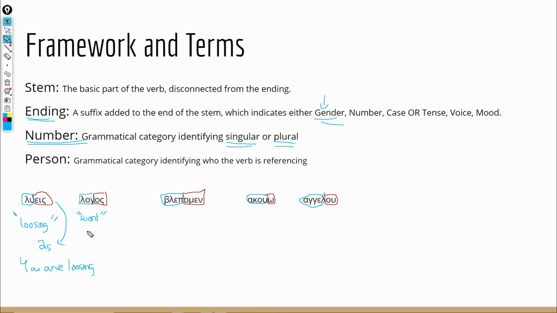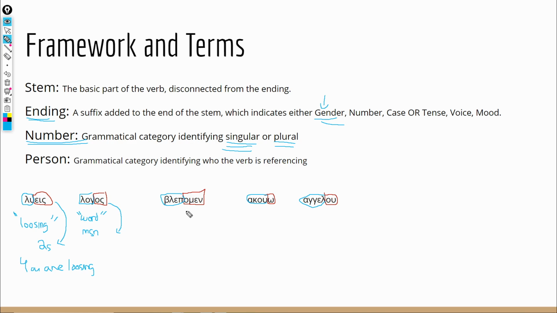It's a bit different because it's a noun. But we look at the ending, and we know because os is masculine singular nominative, the key word there is singular. Okay, os tells you it's singular. So you would never translate this as words with an S on the end. You just translate it as word. We know that's masculine singular nominative.